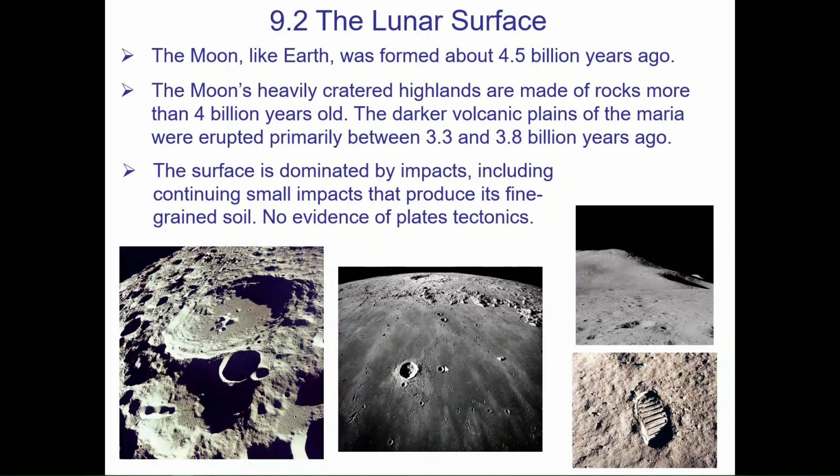This also indicates the mantle, or the inner part of the moon, has probably already solidified. Remember, the driving force for plate tectonics on the Earth is the molten mantle; the crustal plates float on the molten mantle.